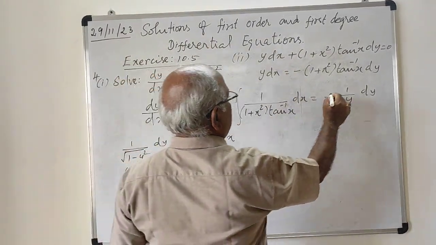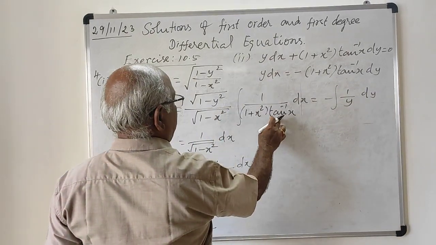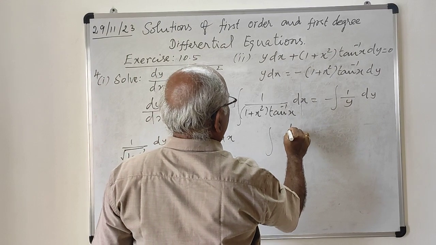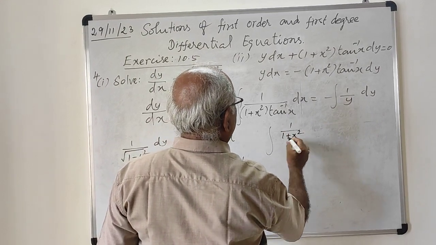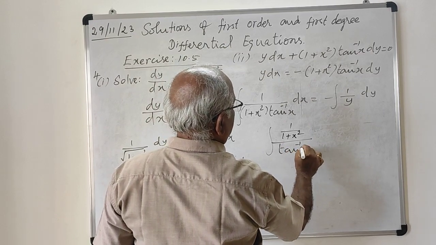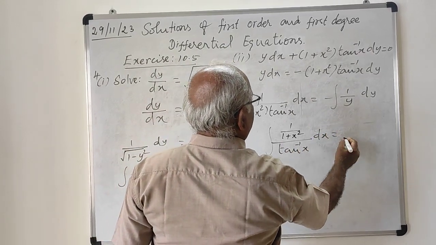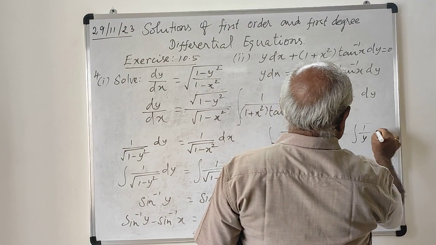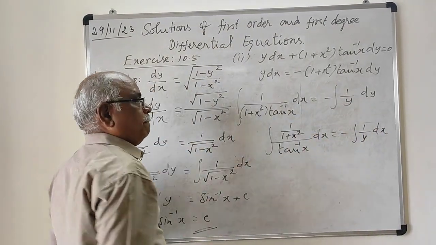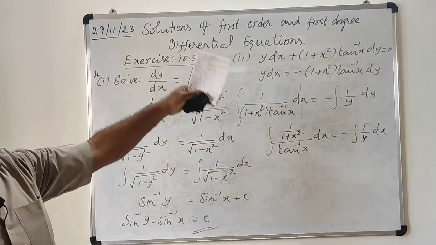Now you integrate both sides. In the denominator, the derivative of tan inverse x is 1 by 1 plus x square. So you write 1 by 1 plus x square in the numerator, and you keep tan inverse x in the denominator, minus integral 1 by y dy. Why I write like this is the derivative of the denominator is in the numerator. The derivative of tan inverse x is 1 by 1 plus x square.